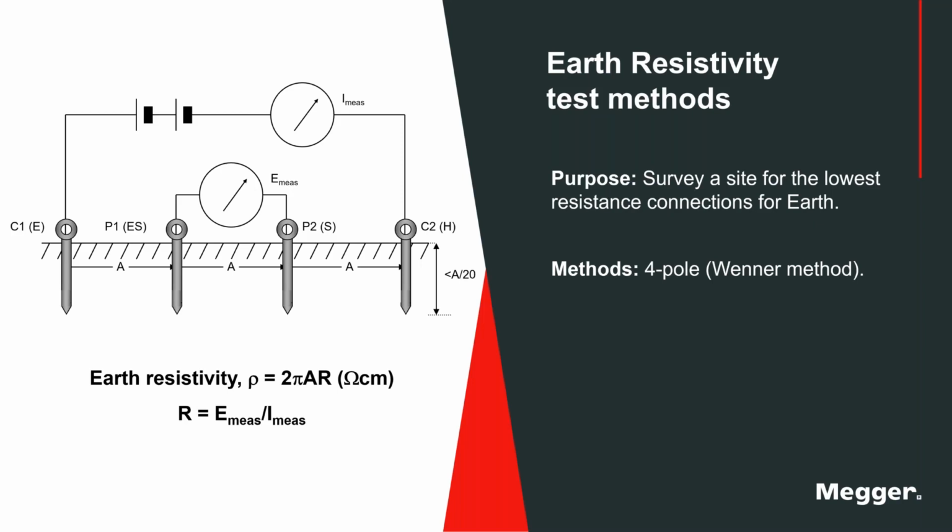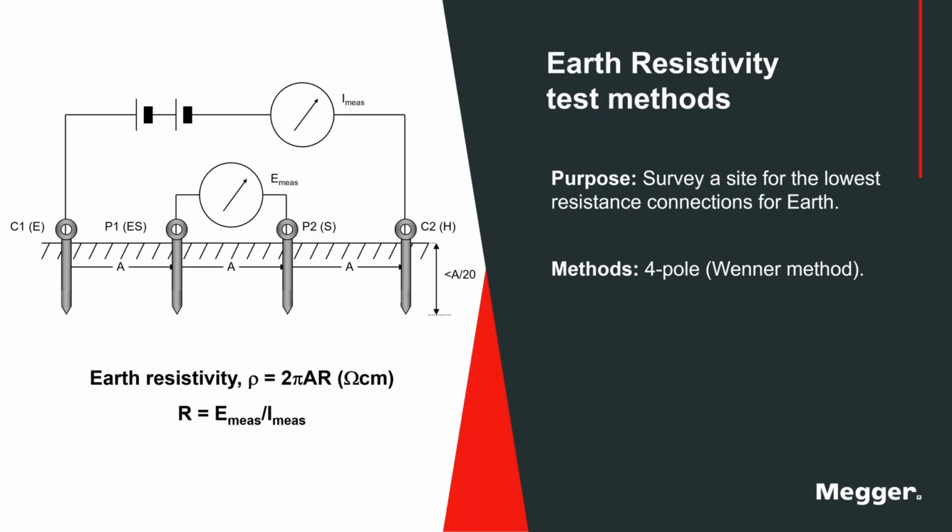And for this, you have a 4-terminal tester. So we show 4 terminals here, 2 currents on the outside and 2 potential terminals on the inside, hooked to the tester's measuring circuits. For this type of measurement, you must have a 4-terminal tester.